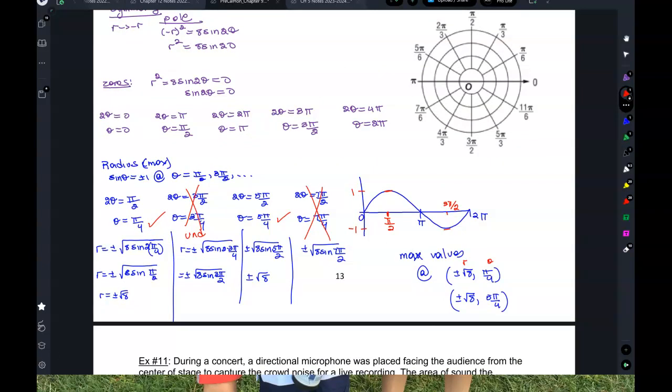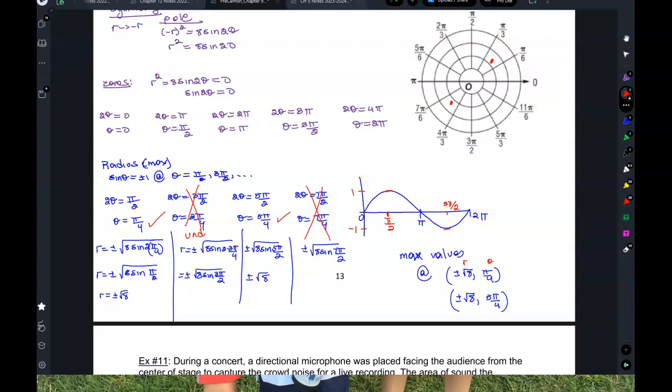How much is root 8? 2.14, right? At pi over 4, okay, my radius is 2.1 and negative 2.1. Okay? And then at 5 pi over 4, where is 5 pi over 4? So it's 1 pi over 4, 3 pi over 4, 5 pi over 4. At 5 pi over 4, the radius is plus or minus root 8 again. It's like repeating itself, right? So those are the maximum values.